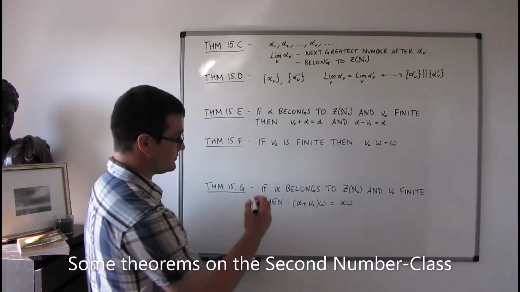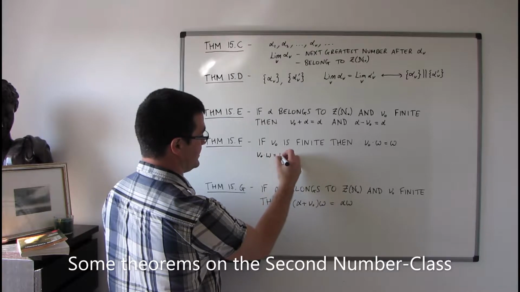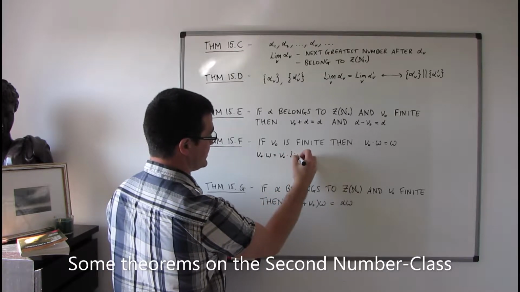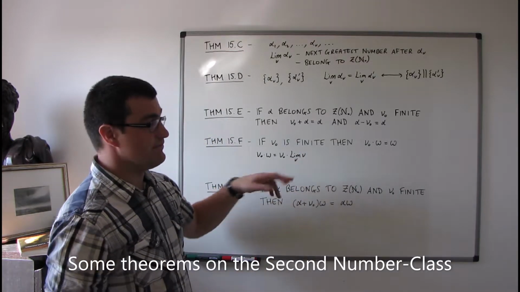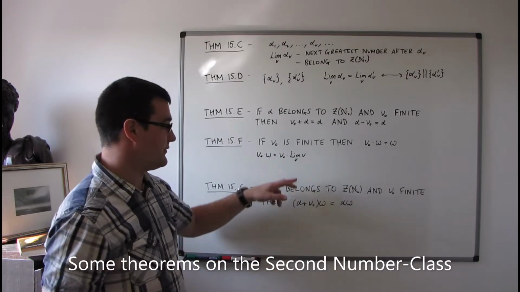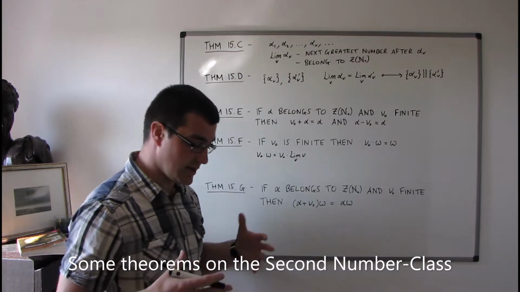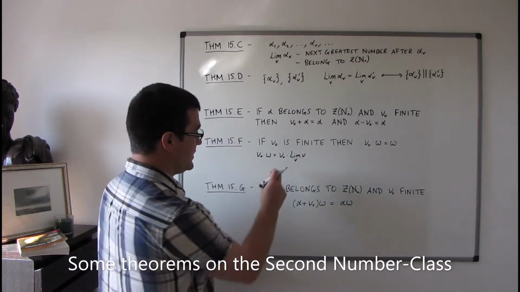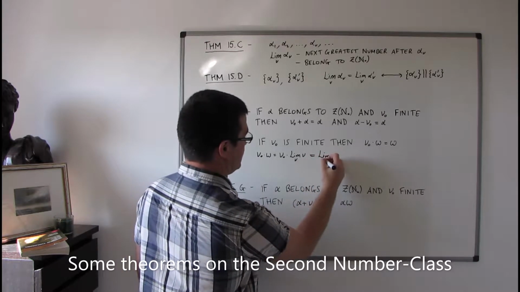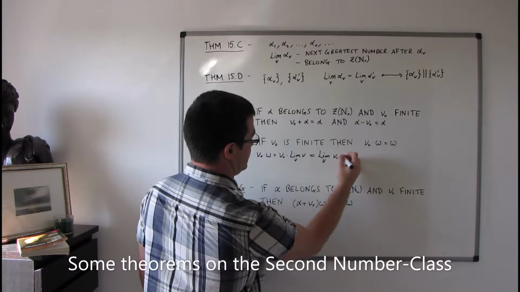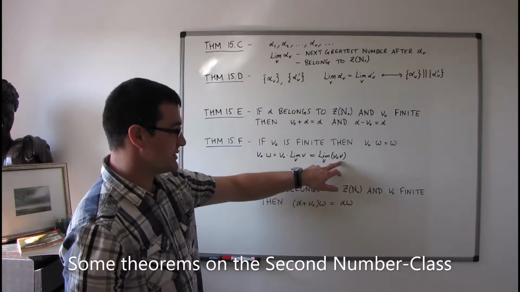If we think of nu naught times omega as nu naught times the limit of the fundamental series made up of the finite ordinal numbers, then using the properties that I showed in the previous video, this can be brought in here. So I get something like that. It's the limit of nu naught times nu.